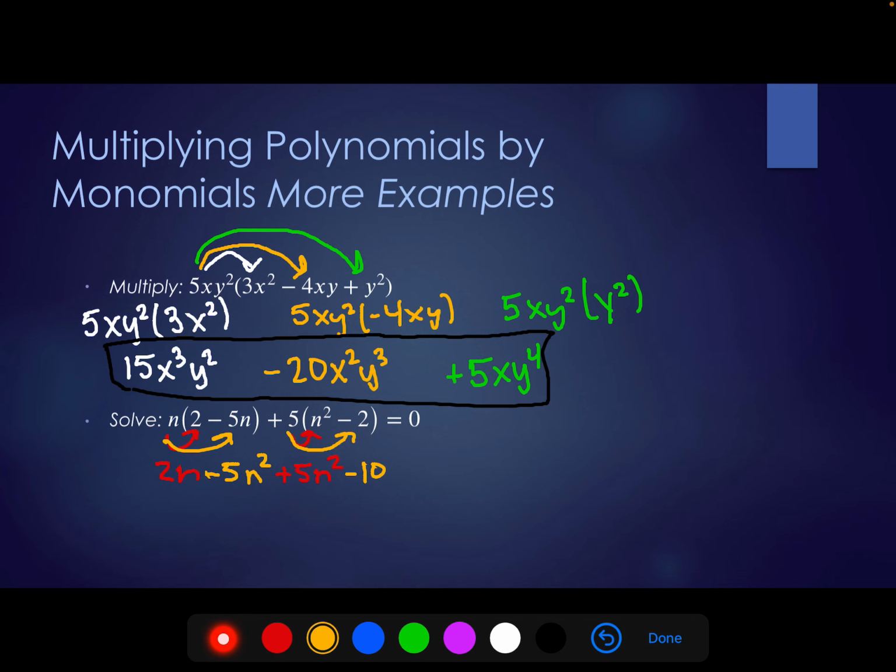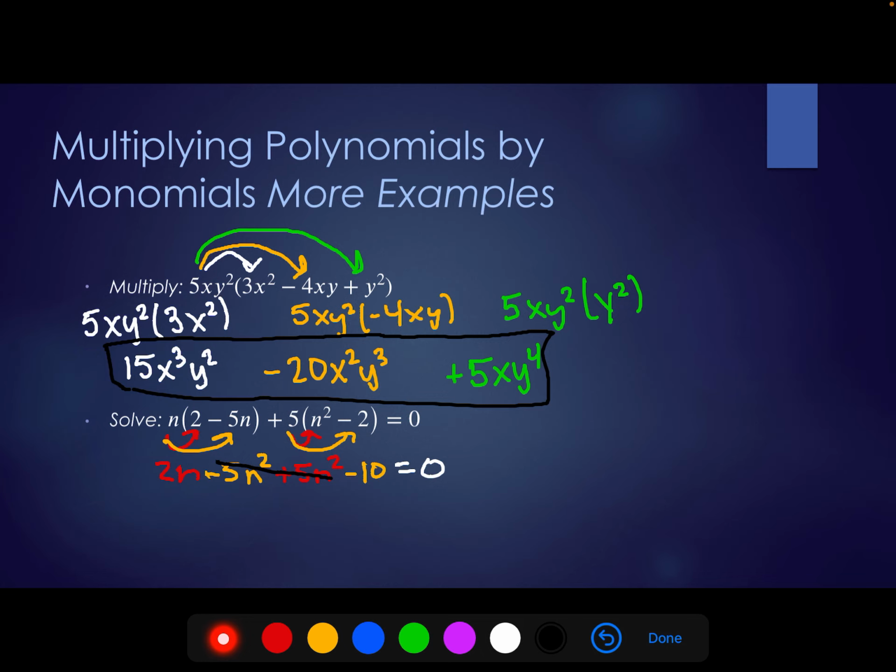And remember, this is all still going to be equal to 0. Now we take a look and we see that we have like terms. We have a negative 5n squared and we have a positive 5n squared. So if we combine them, they basically cancel each other out and give us 0.